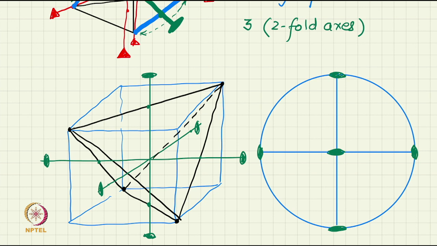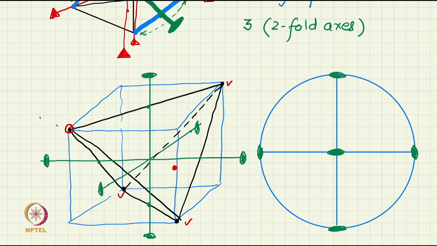So, let me draw that. Let me select, for example, this vertex and the centroid of the opposite triangle, which is somewhere there, because these 3 vertices define the opposite triangle. So, I have a centroid there.